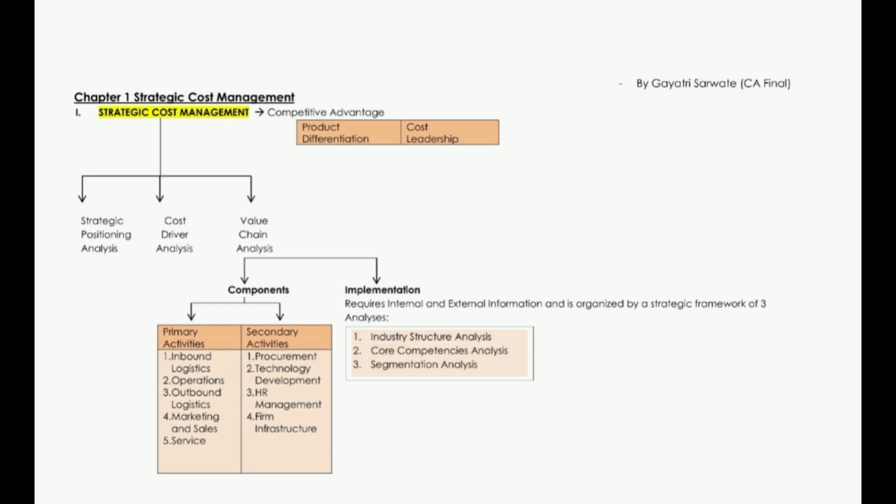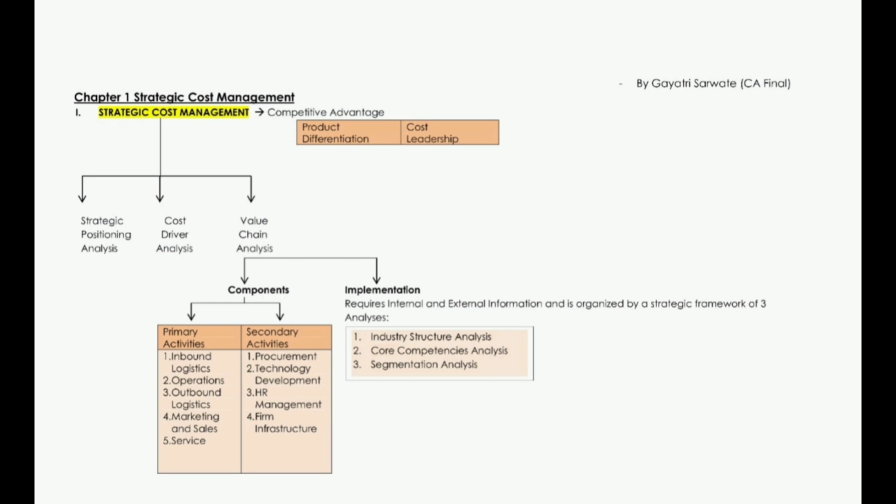First, strategic positioning analysis. Second, the cost driver analysis. And the third is value chain analysis. Let's revise them a bit more. First, strategic positioning analysis. Strategic positioning analysis is basically a company's relative position within its industry.